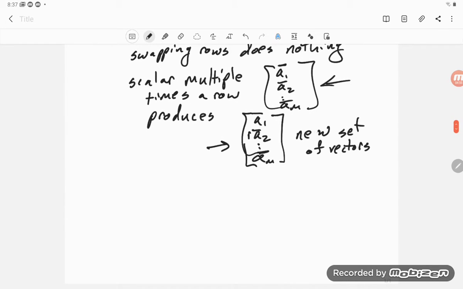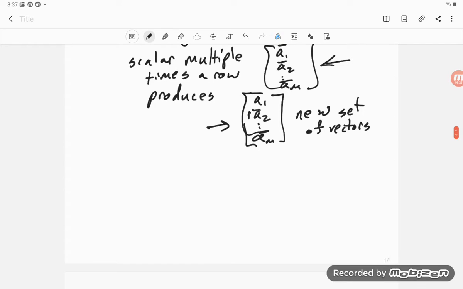So this new set of vectors is definitely a linear combination of the old set of vectors. But similarly, I can get back to A2 by using 1 over R times the new A2 prime. And so doing a scalar multiple gets me a new set of vectors, one new way to describe this subspace. And then if I do it again to another row, that's another new way.